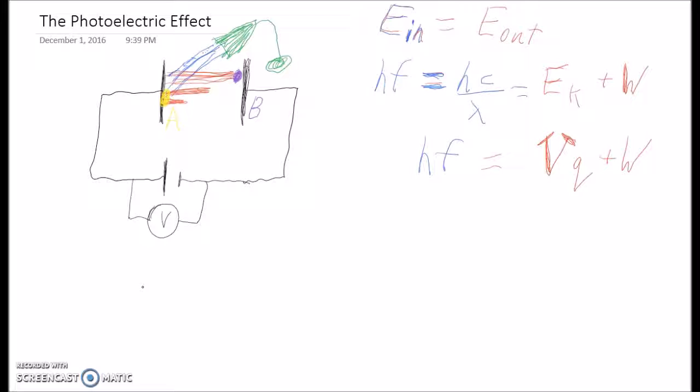This Q here is the elementary charge, or the charge of the particle, but in this case, since it's only one electron at a time, it's going to equal 1.6 times 10 to the negative 19 coulombs, right? So we know a lot about this. The only thing that we don't know is F, the frequency of the light coming in, but depending on your light, you might know that.